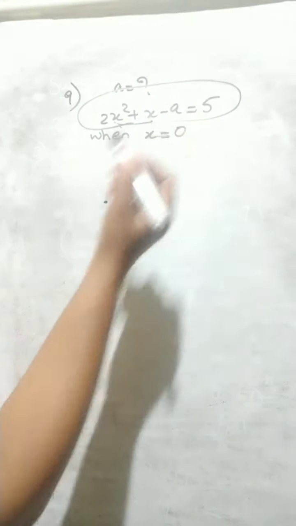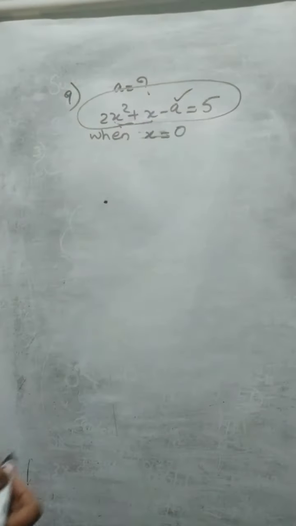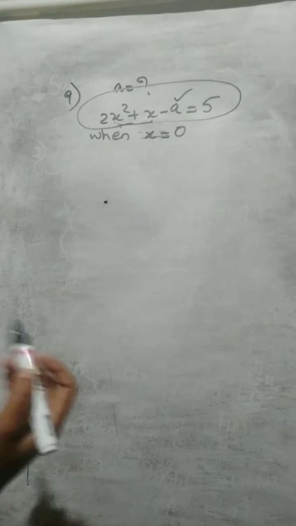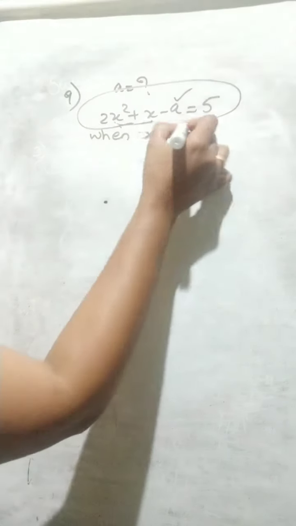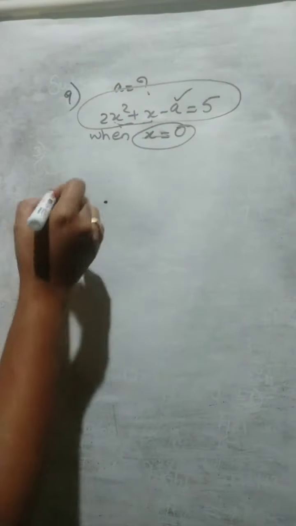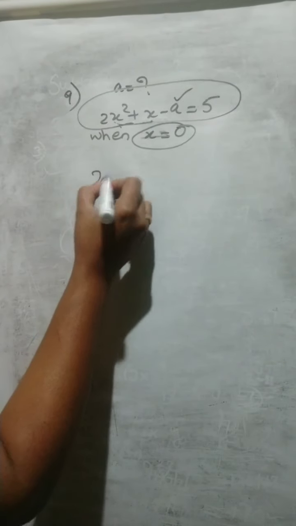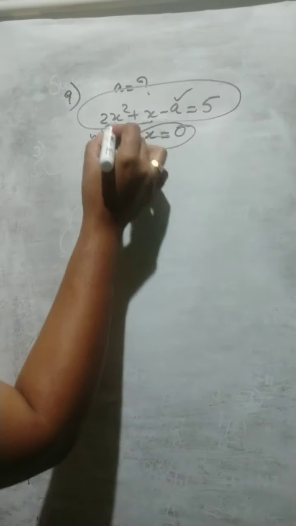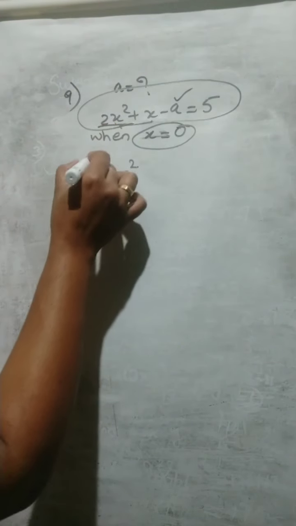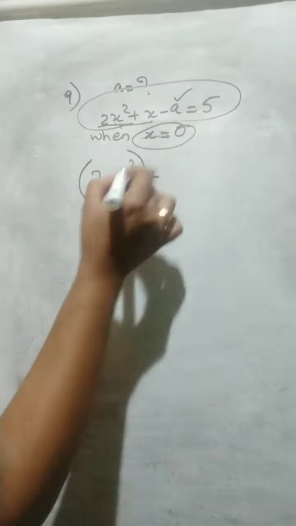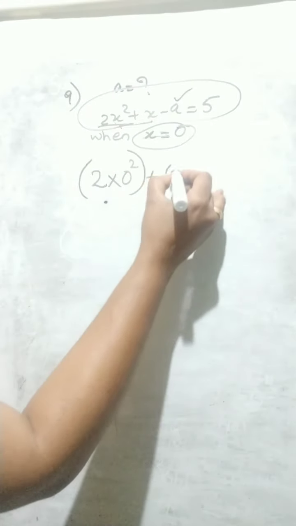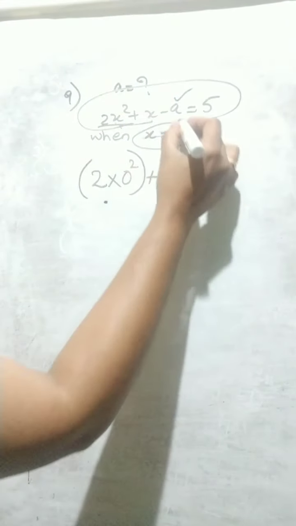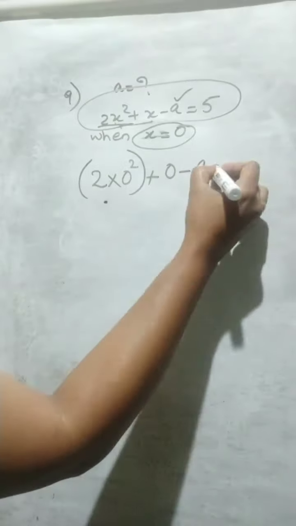But at the time we have to find the value of a. How can we find out? Now we got it as x is equal to 0. So we can substitute x here. 2 times x square, that is 2 times 0 square, is the one term, plus next x. x is another term, minus a. We don't know the value of a. We have to find out.